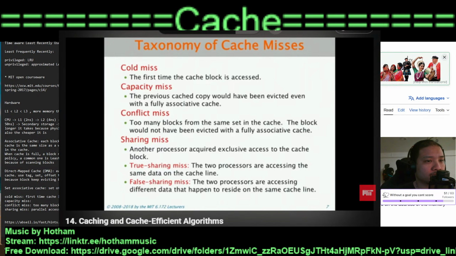A true sharing miss is when two processors are accessing the same data on the same cache line.